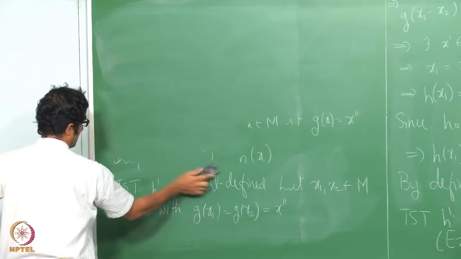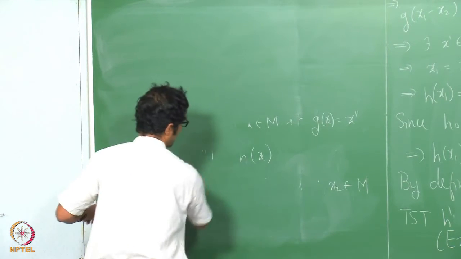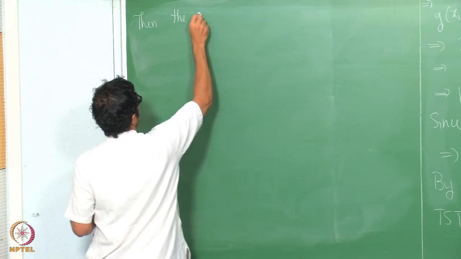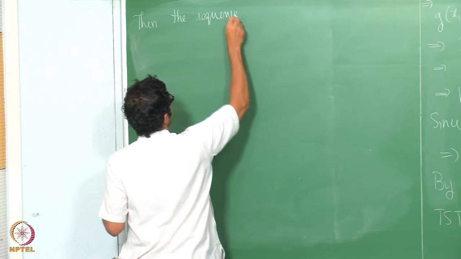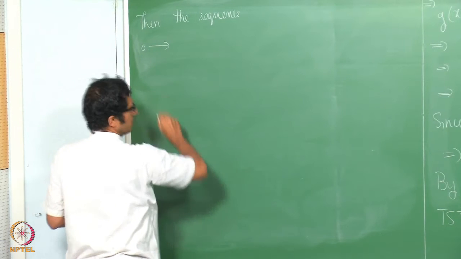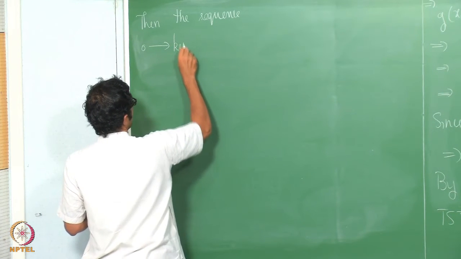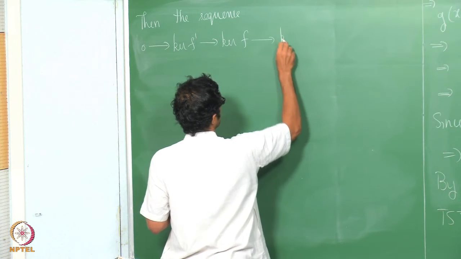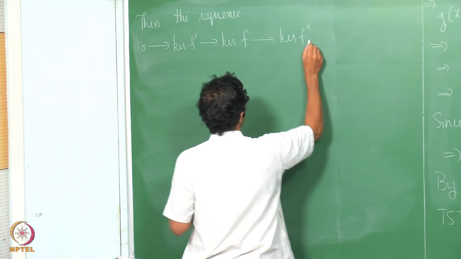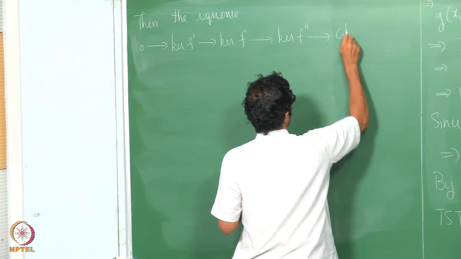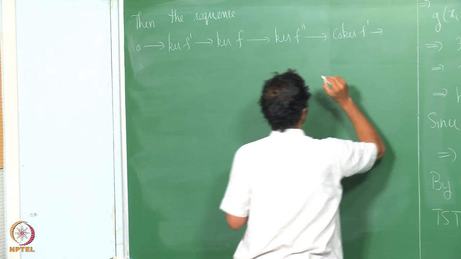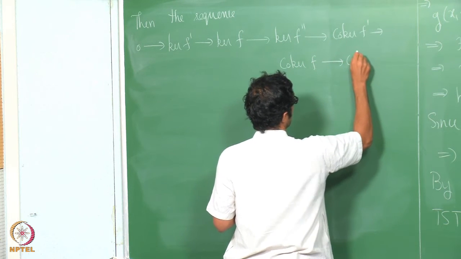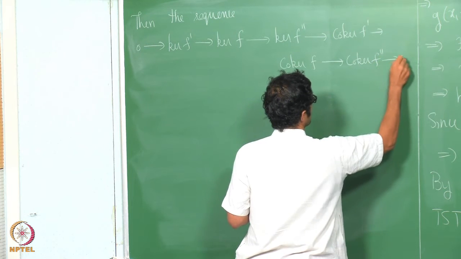Then we have an exact sequence involving kernel and cokernel: 0 to kernel f prime to kernel f to kernel f double prime to cokernel f prime to cokernel f to cokernel f double prime to 0.